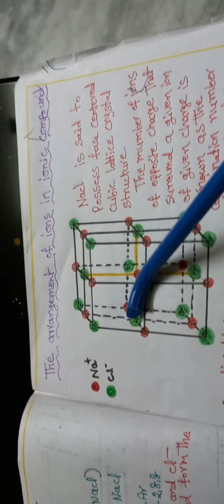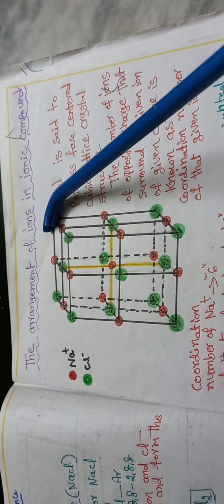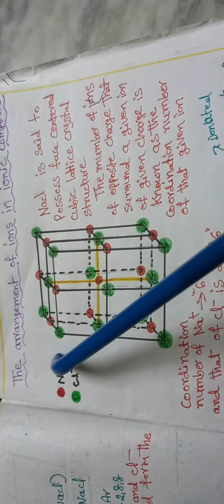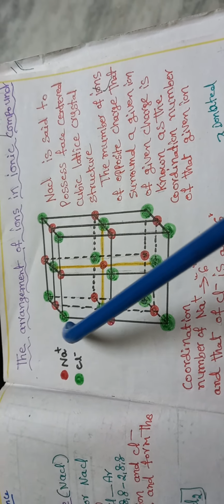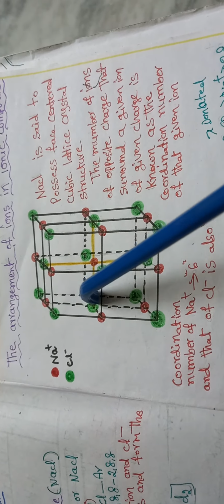So here we can see the arrangement of ions in an ionic compound. In sodium chloride, red color shows the sodium atoms and green color shows the chlorine atoms.